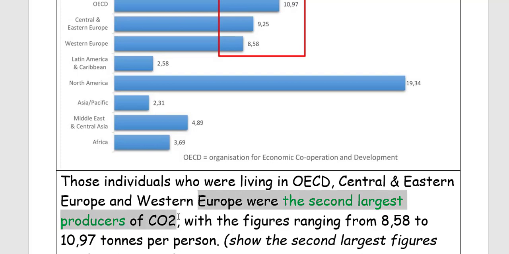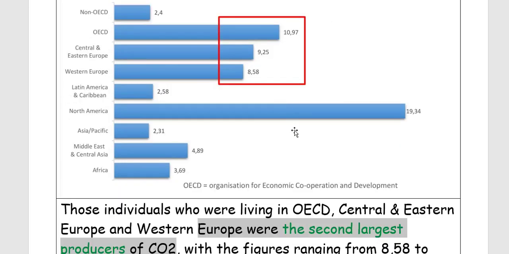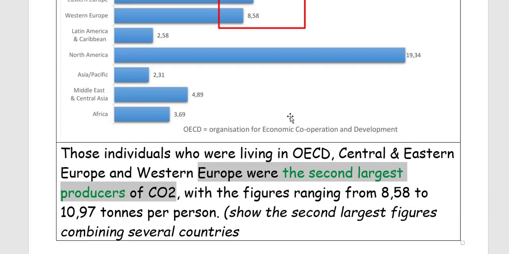So what you need to do is to unite several countries, put them all in one group, and say that all of them were the second largest producers of CO2. Because you don't want to describe every single country in detail, you want to group them, okay? And then you should talk about the percentages.